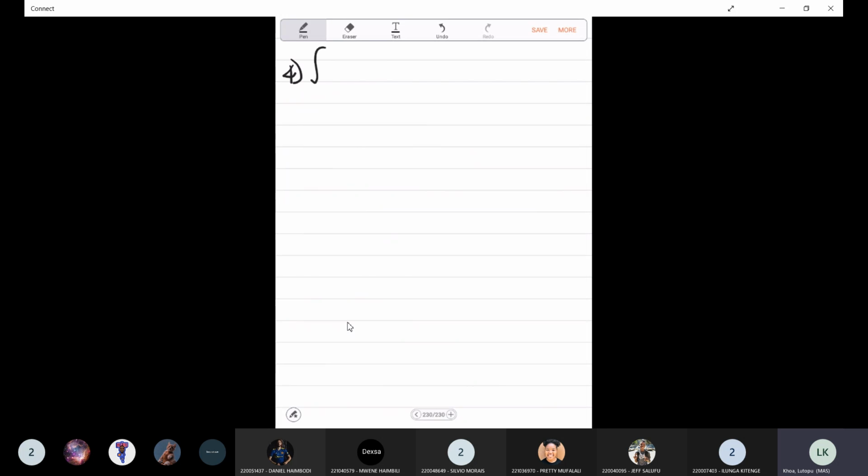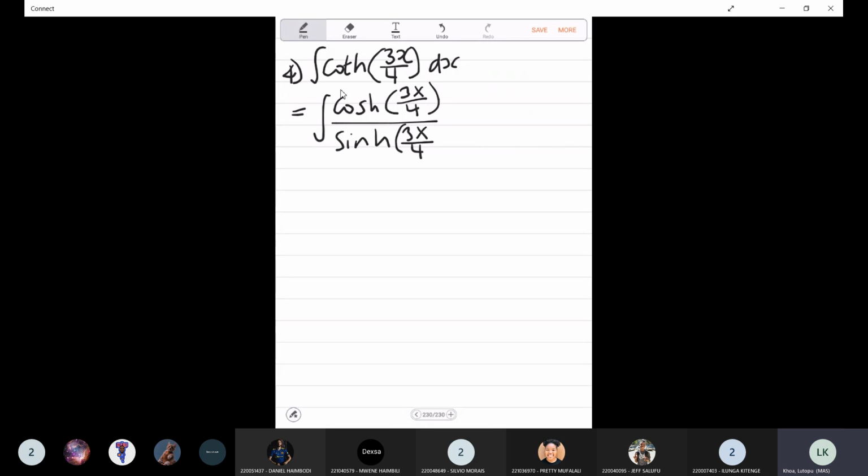Number 4, hyperbolic coth of 3x over 4 dx. So we said when you have a hyperbolic coth, you must rewrite it as hyperbolic cos over hyperbolic sine. So this is cosh of 3x over 4 over hyperbolic sine 3x over 4 dx.